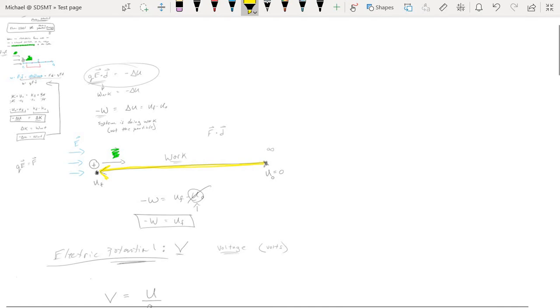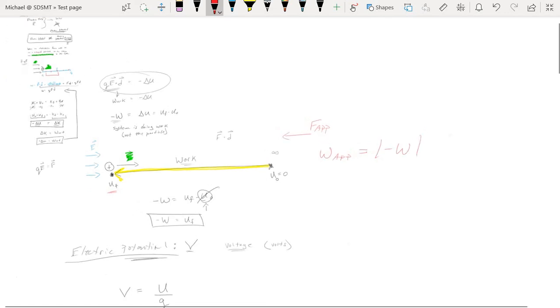And so the only way that we can get that charged particle to get to that final position is if we apply our own force. In other words, we have to apply some amount of work that is equal and opposite to the amount of work that was done by the system.